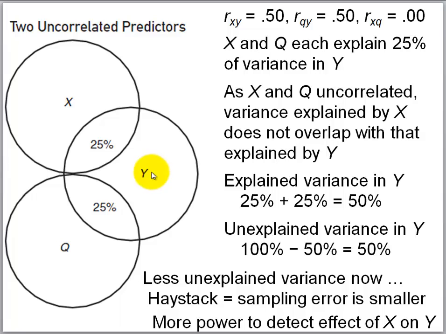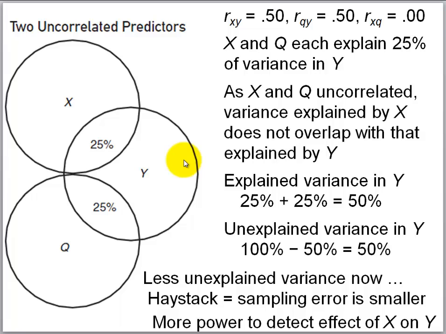I will quickly mention that the prior video showed you that multiple regression controls for other predictors, and by so doing reduces bias from them. But another advantage that can often come from multiple regression is making the unexplained variance smaller, and therefore an increase in statistical power can often come from multiple regression.